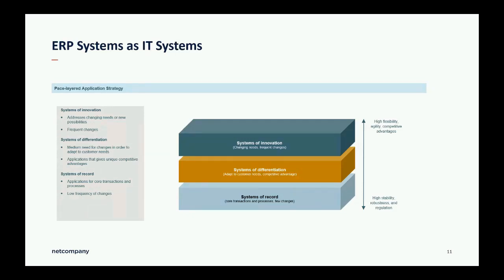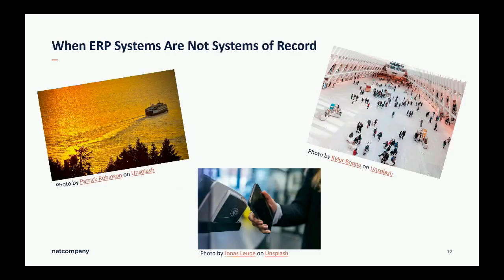So let's talk about when the ERP system is not a system of record. Actually, most custom development of an ERP system can be considered a system of differentiation, because that usually covers the unique processes of that organization.